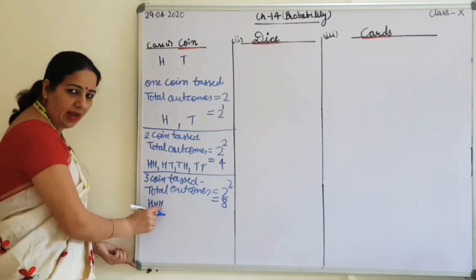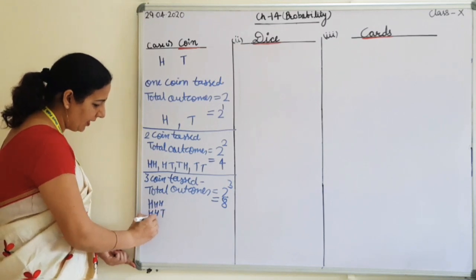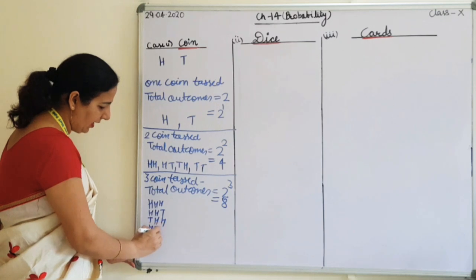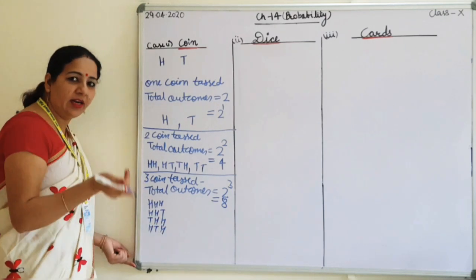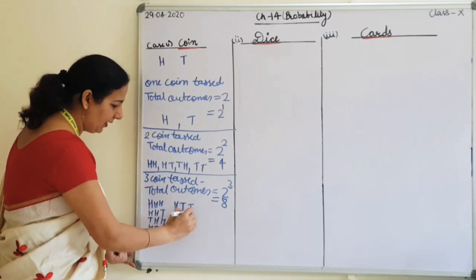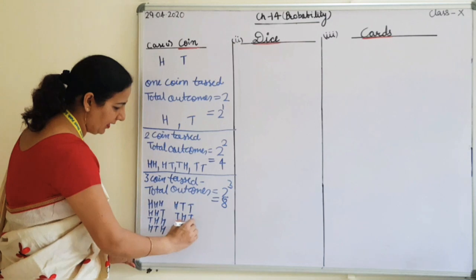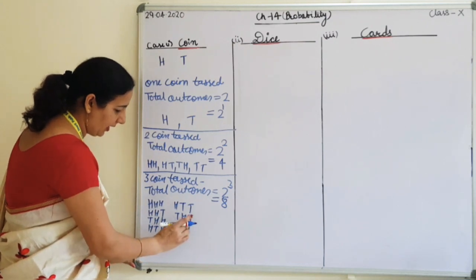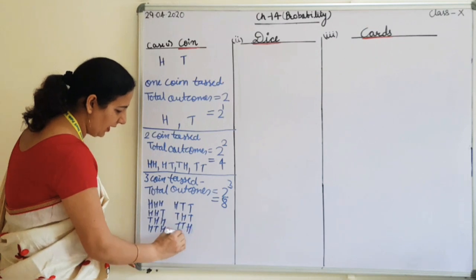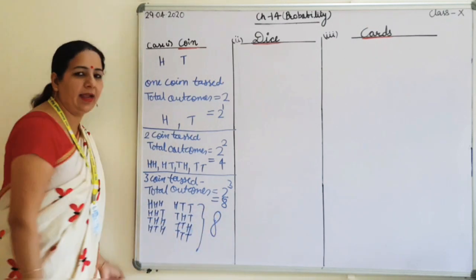Just fix any 2 positions: head, head, head; head, head, tail; head, tail, head. Now increase one more tail this time: head, tail, tail; then tail, head, head; and the last one is tail, tail, tail. So total outcomes are 8 here.